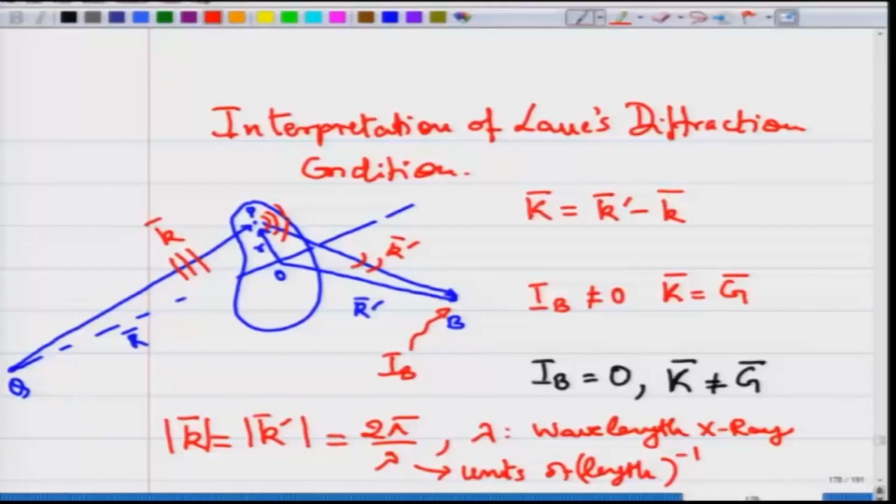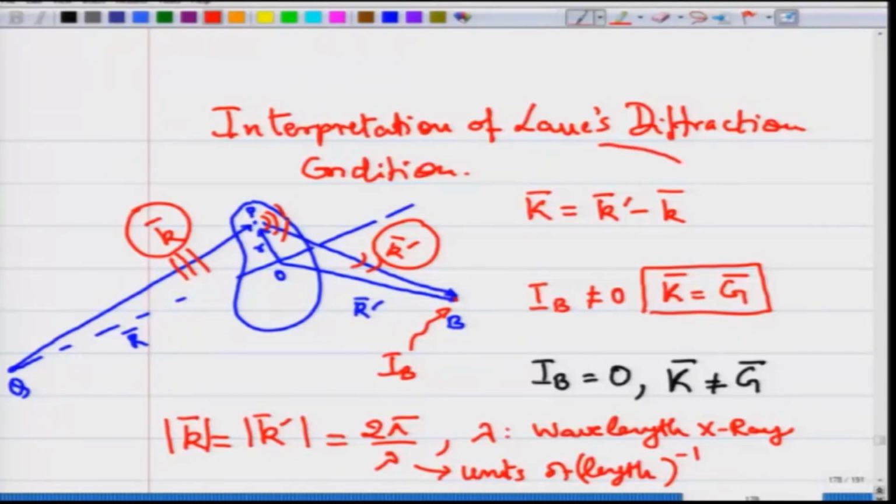There we saw that if you have an incident wave with a wave vector k and it gets scattered with a wave vector k prime, then the intensity at the detector point will be non-zero, or maximum, if the scattering vector is equal to the reciprocal lattice vector.